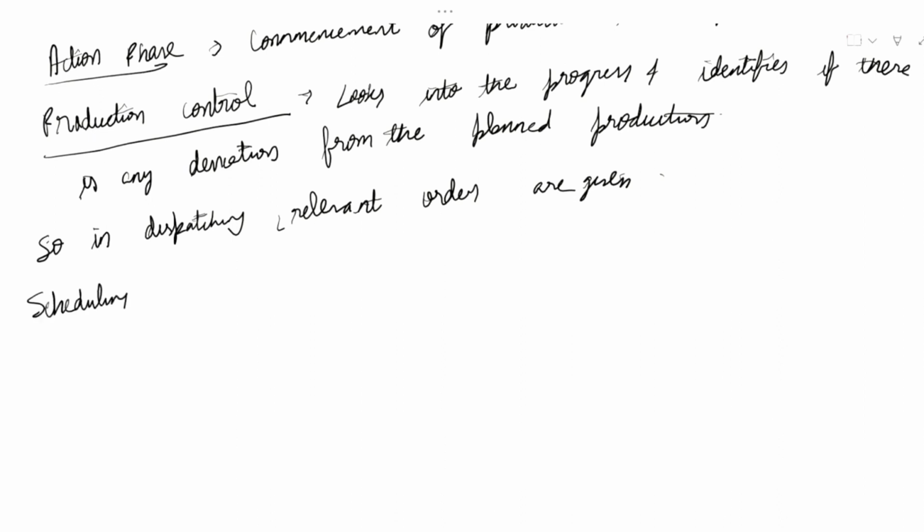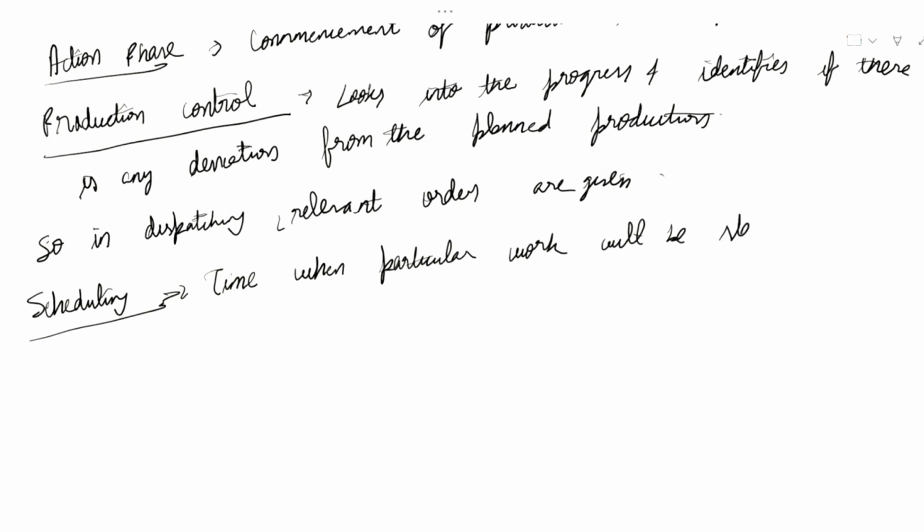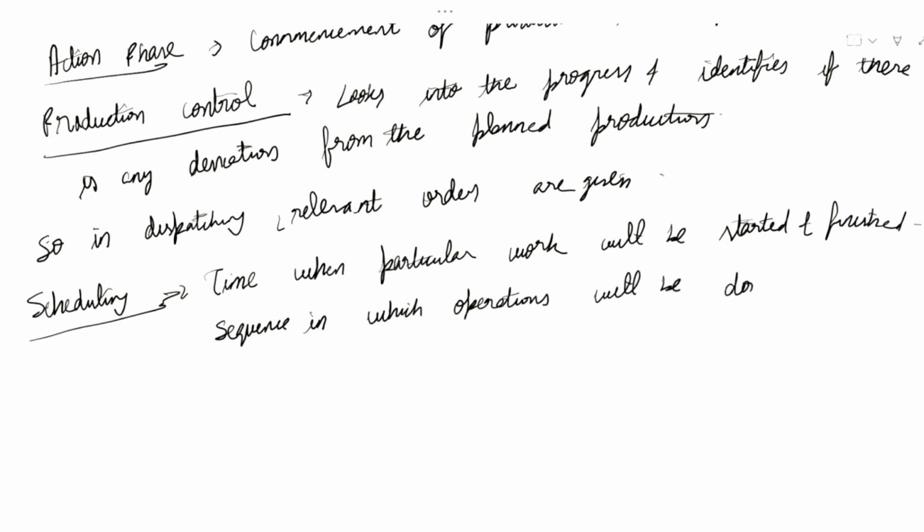Scheduling is the time when particular work will be started and finished. This is the sequence in which operations will be done so that it will be completed on time.